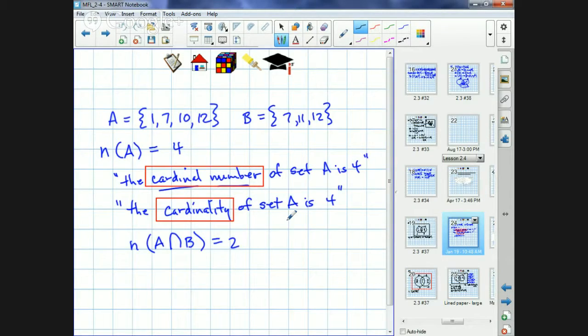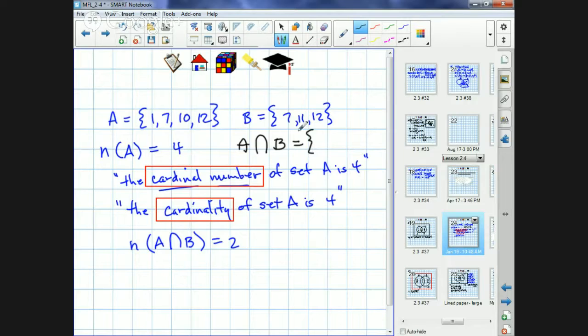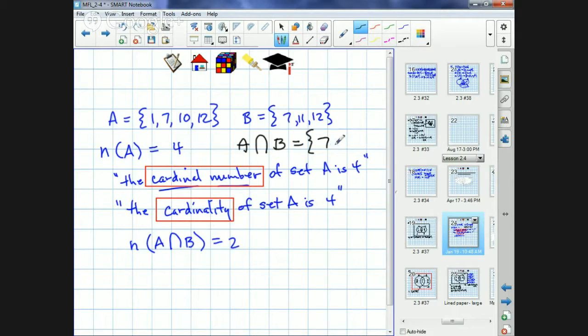Now something that's not on the screen. Let's do it right now. What is A intersect B? A intersect B is 7 and 12. Correct. Good. Now, do you see where I got this answer? Sure. The number of elements in that set is two numbers.